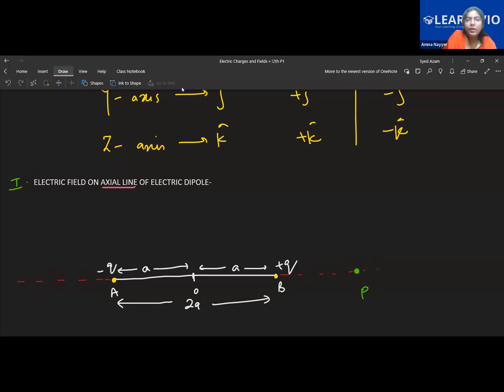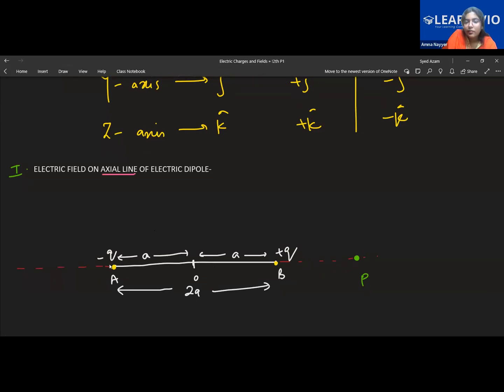Now we require one thing because here it's missing. From the center of the dipole to this point P, we are going to take a separation that is r. What is r? r is the separation from the center of the dipole to the point P of calculation. This will be used in your equatorial case also.